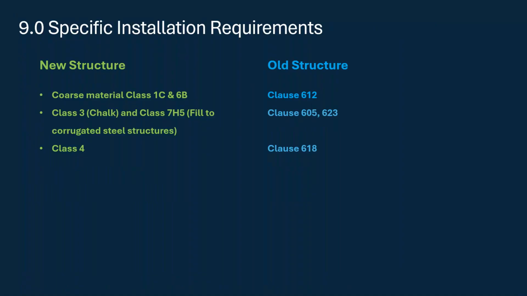And also similarly, class 4 materials, landscape materials, how those are handled, how they're trafficked or not trafficked really, to avoid degrading them, and how heavily or lightly compacted they need to be. So again, work specific requirements cover all those things. So again, very thorough.